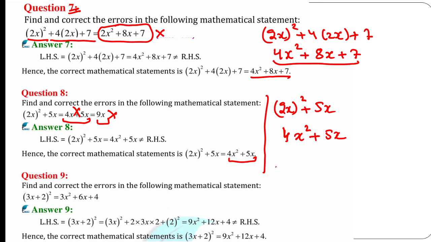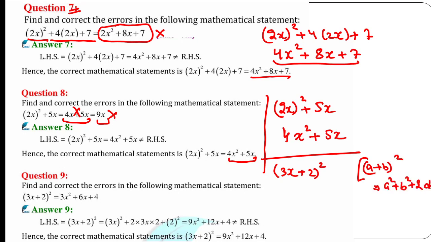So next, in question number 9, it is (3x plus 2) whole square. We know the formula for (a plus b) whole square is a² plus b² plus 2ab. So what is the value of a? The value of a is 3x. So (3x)² plus, first is a², next is b², the b value is 2, so 2², plus 2ab, where a is 3x and b is 2.